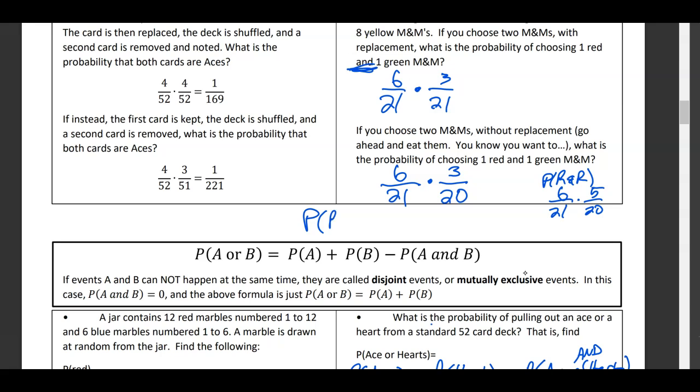Probability of red and green is the probability of red times the probability of green, given that red already happened. That's the 6/21 is the probability of red. And the probability of green, given that red has already happened, is 3/20. So we've actually already experienced this rule without replacement.